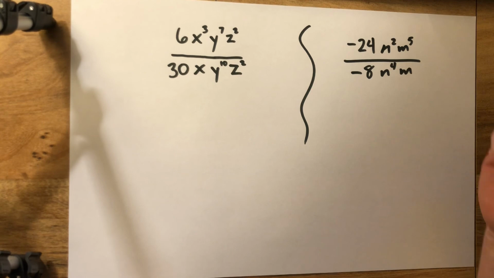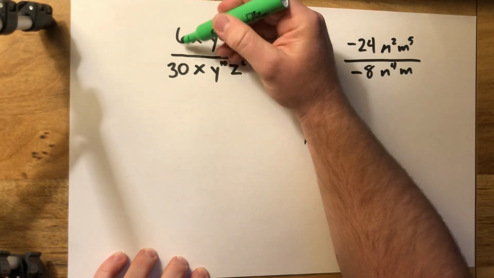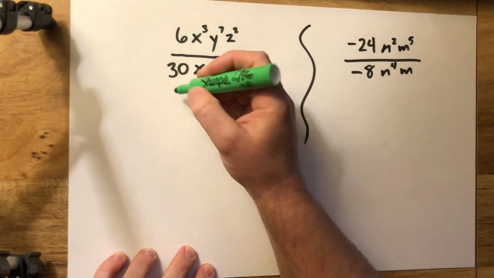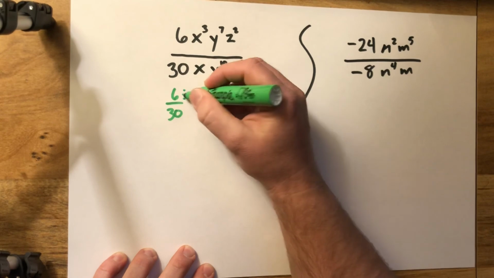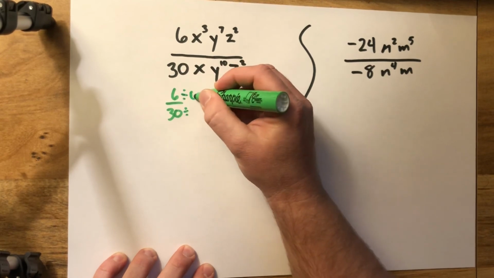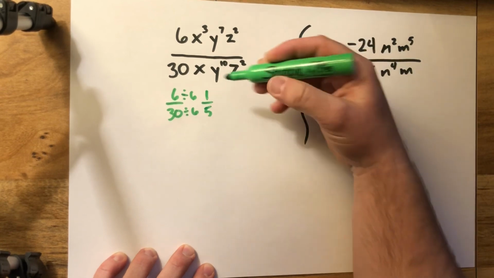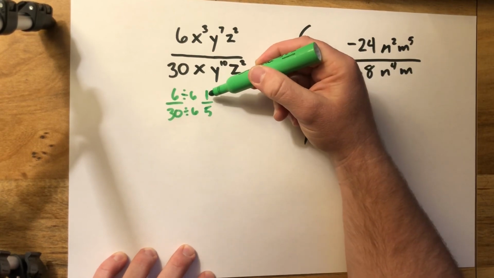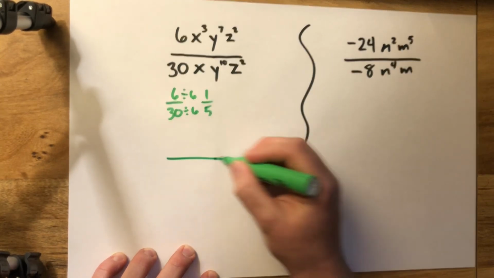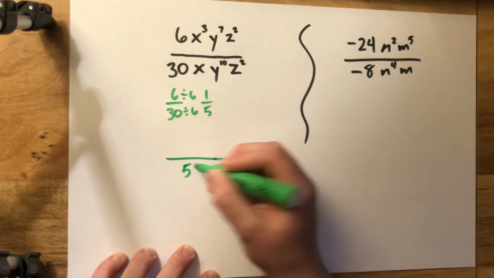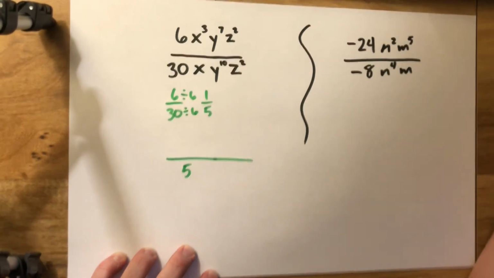In looking at our simplification of the whole numbers, I see a 6 and a 30. I'm going to treat this like a 6 over 30 fraction, and I could divide both of these by 6, giving me 1 and 5. Since the 1 is understood, we wouldn't have to write that. So here's our new fraction, and we have 5 on the bottom.